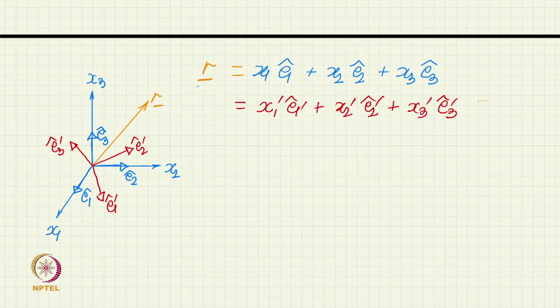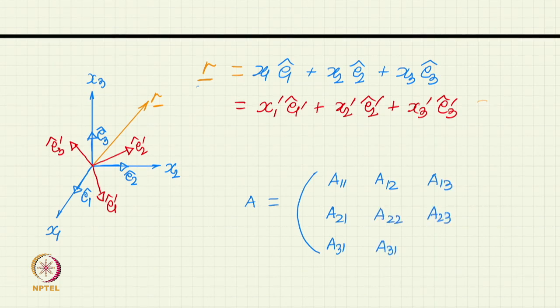So, we have the coordinate transformation matrix A, which, as we saw in the last video, is also a direction cosine matrix. We just have this representation of the coordinate transformation matrix.